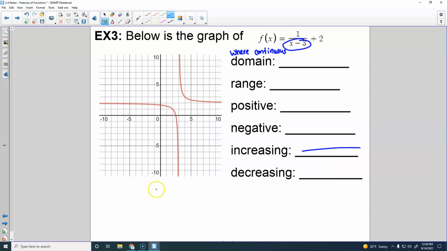So we've got a vertical asymptote at x equals 3. So this is going to be continuous everywhere else, right? It exists everywhere else. So it's going to be negative infinity up to 3 and 3 to infinity, everywhere except for 3.